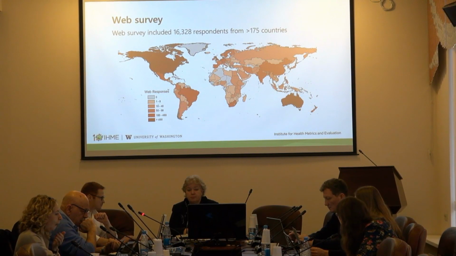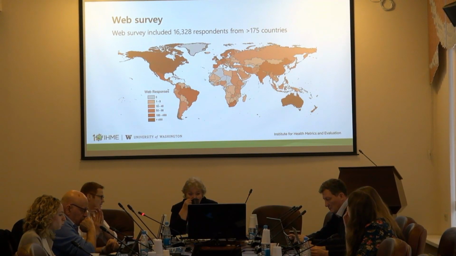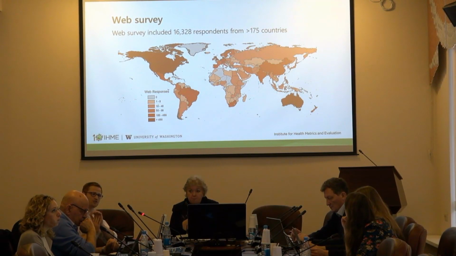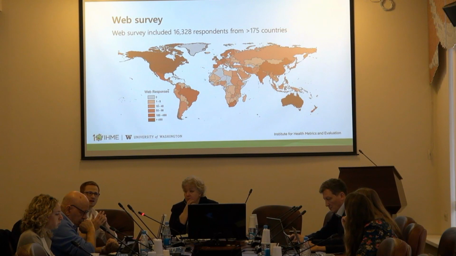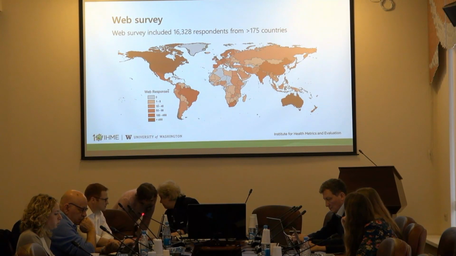So this is a map showing where web survey participants were located. It's worth noting that in general the web survey participants are more educated, often tend to work in public health, than are the general respondents.